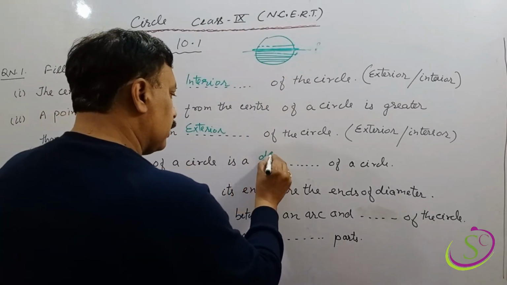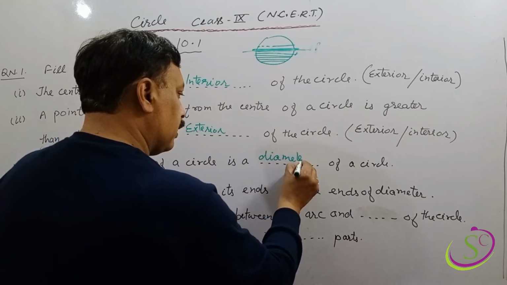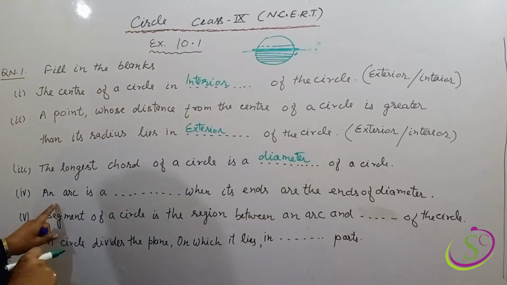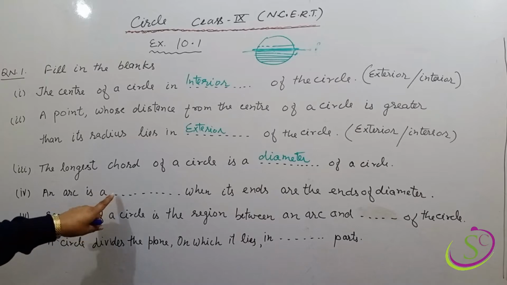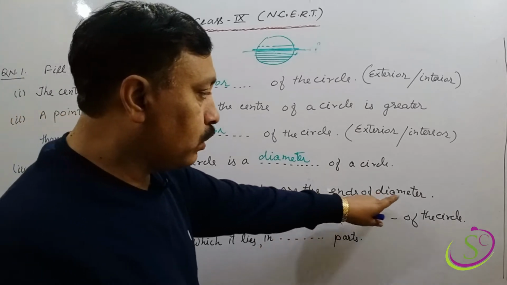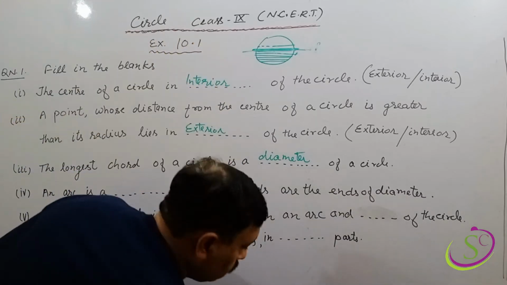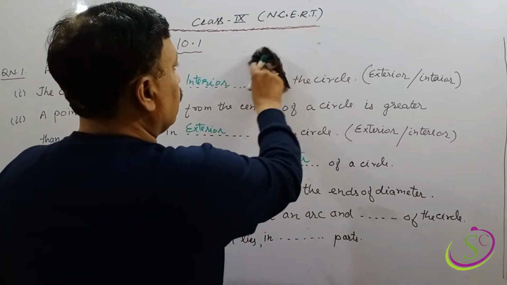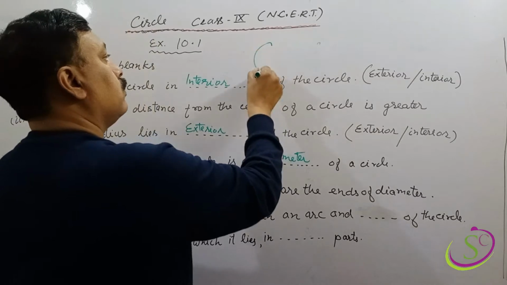So it is a diameter. Clear? An arc is a blank when its ends are the ends of the diameter. So again we draw the circle like this.